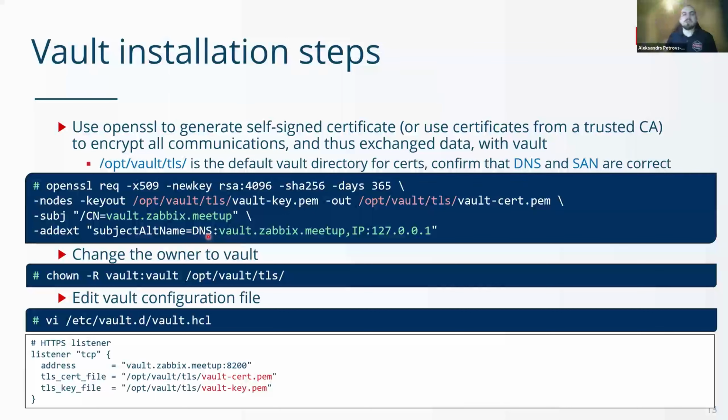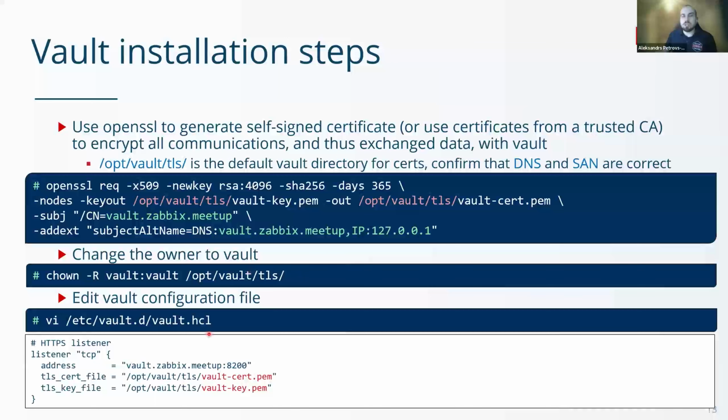So in this example, we use a simple command to generate a certificate and a key. Make sure that the common name and the subject alternative name are correct, so are the same that you will use for the actual connection. And then, of course, make them readable. In this command, I already put them into the opt vault TLS directory, but you can of course change that.